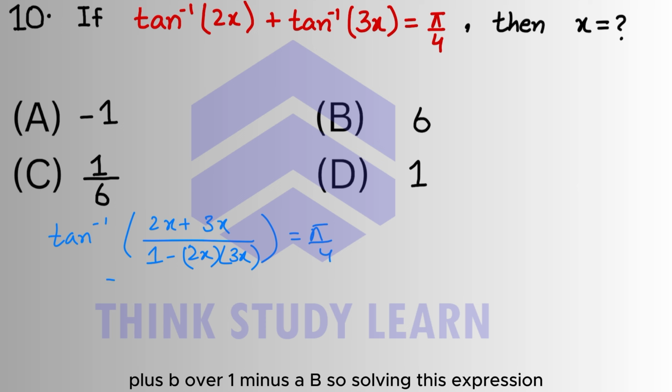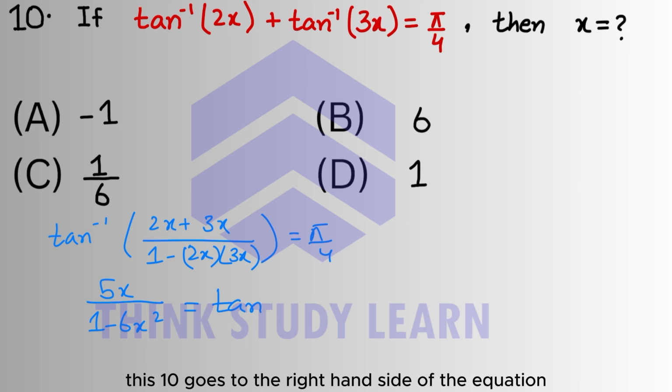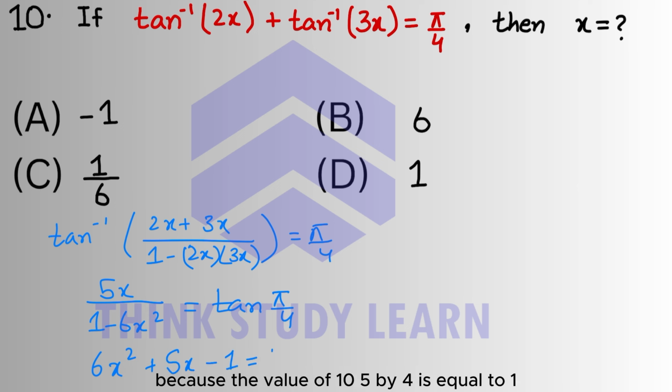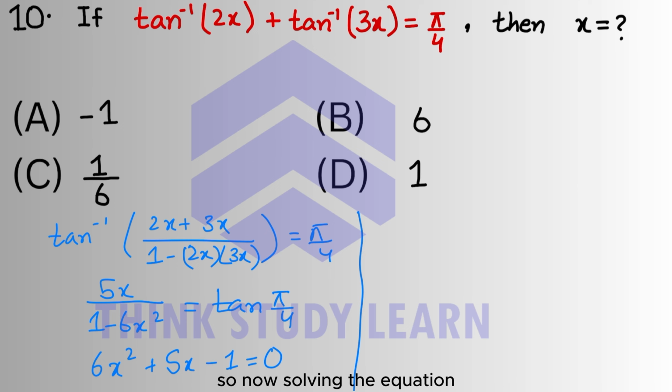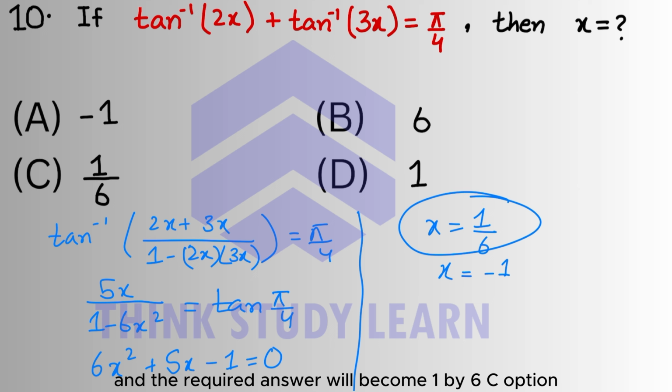Solving this expression, 5x over 1 minus 6x square is equal to tan pi by 4, which is 1. So the equation will become 6x square plus 5x minus 1 is equal to 0. Now solving the equation, we will get the values of x as 1 by 6 and x equal to minus 1. We will consider only the positive value, and the required answer will be 1 by 6, C option.